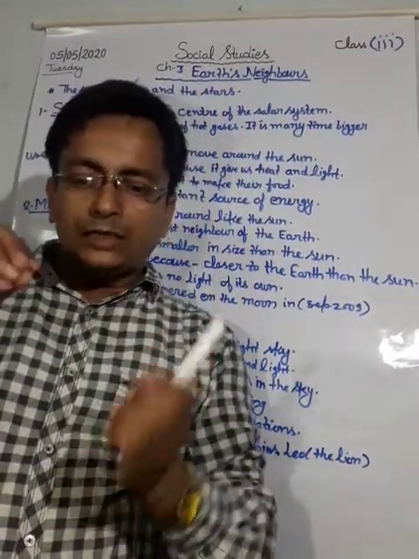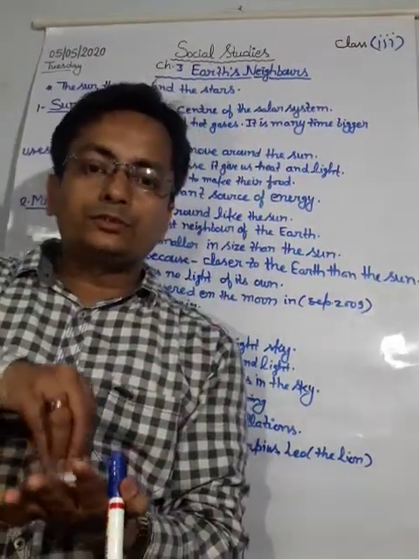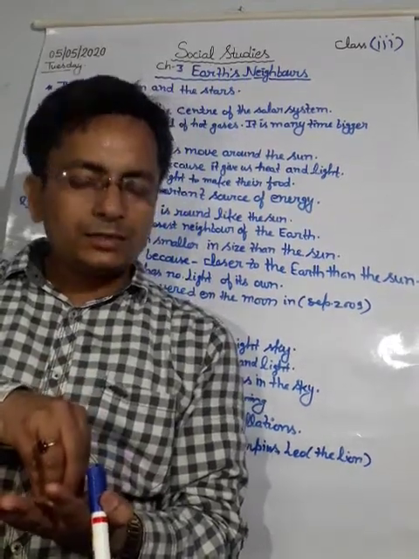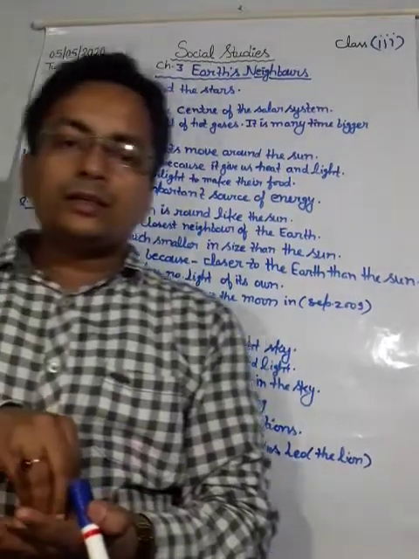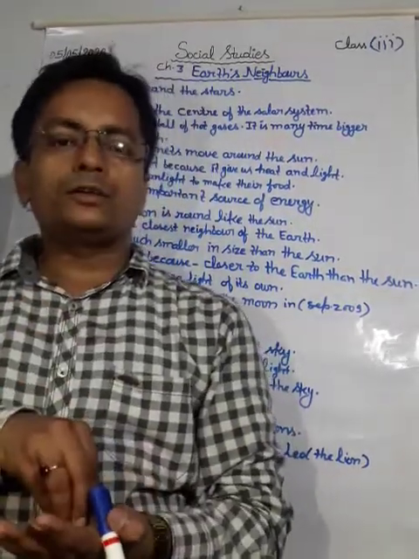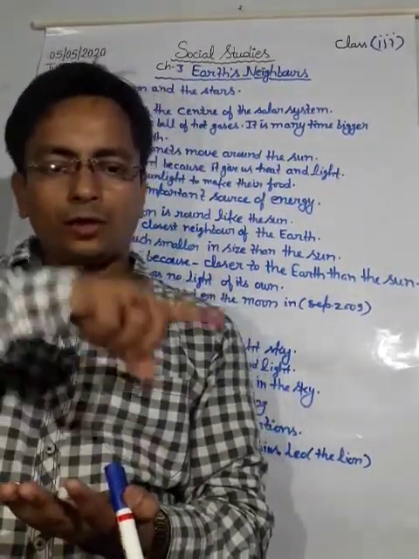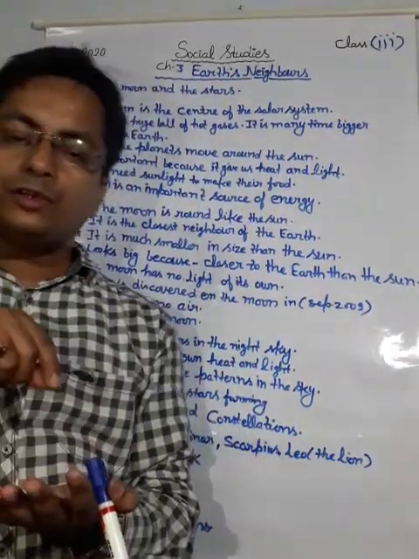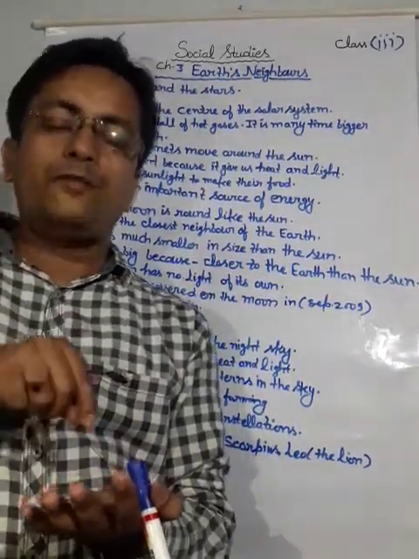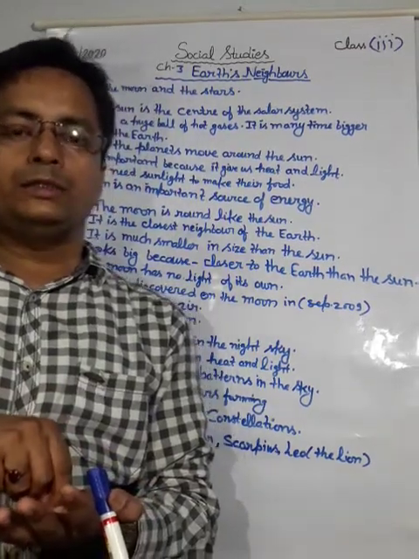It is in the center of the solar system, as in your family your grandfather or your father is the center of the family. In the same way, the universe also has a family.